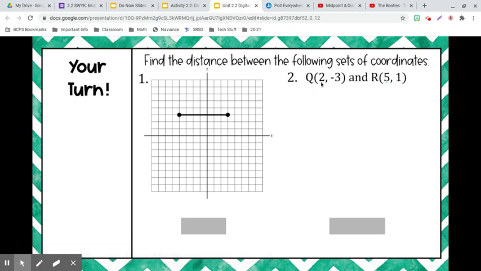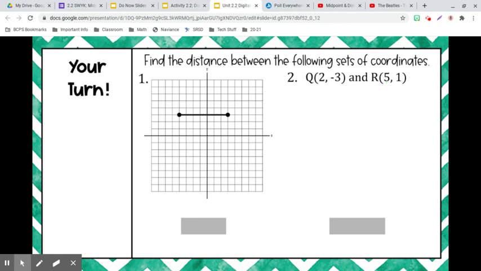Number 2 gives us 2 endpoints. So we're going to use our distance formula in order to solve the distance between these 2 points.